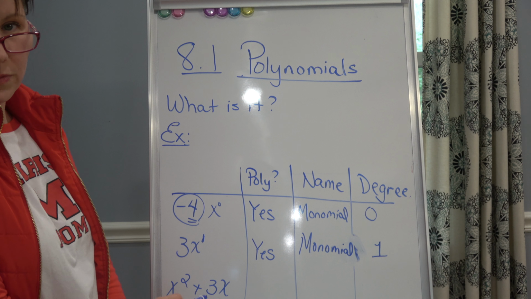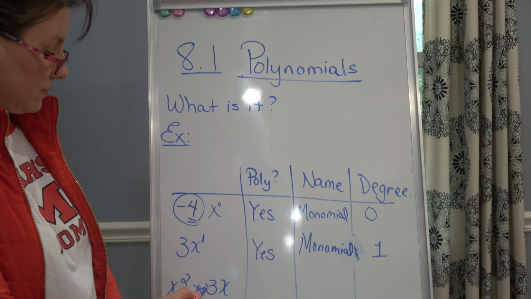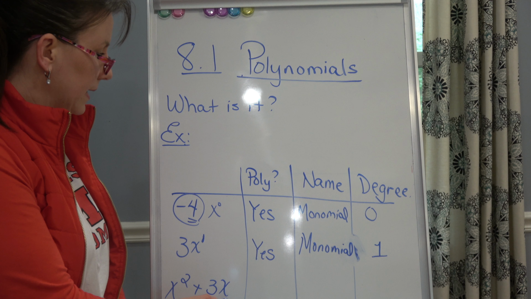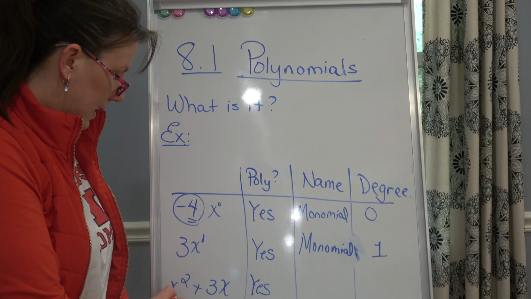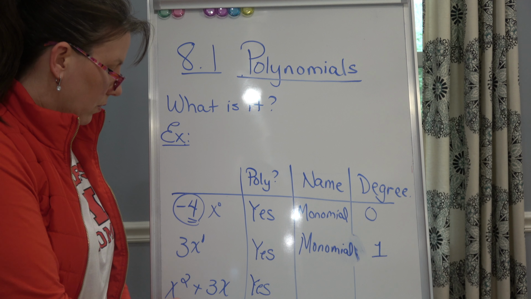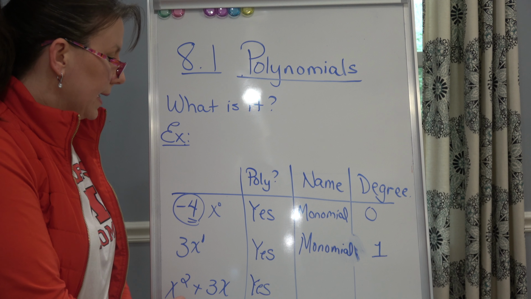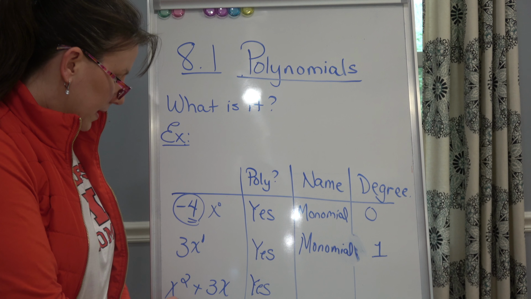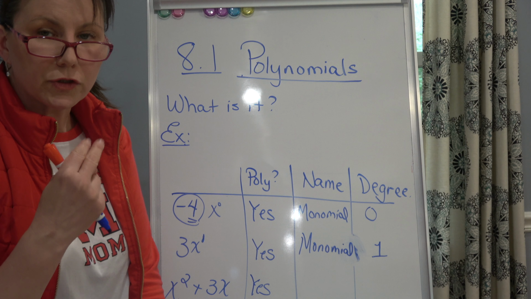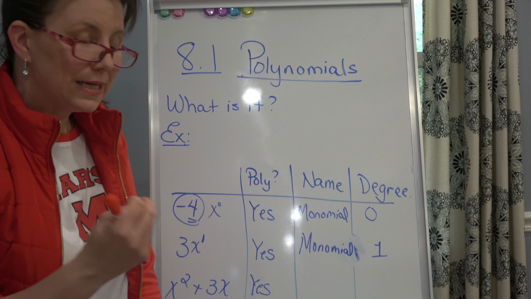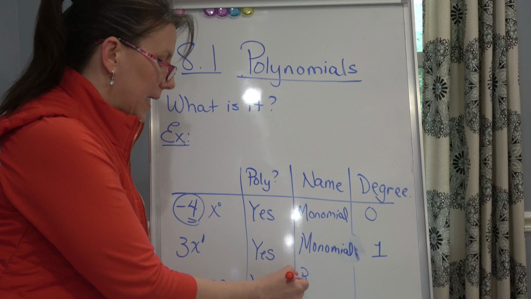And then the last one down here, hope you guys can see this. You've got x squared plus 3x. That is a polynomial because it is a monomial or a sum of monomials. Its name would be, because there's 2 terms, the prefix for 2 is bi. So this would be called a binomial.